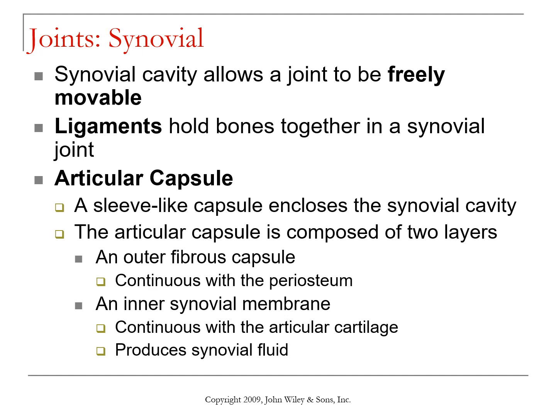We met the articular capsule, which is a sleeve-like capsule that encloses the synovial cavity. It is composed of two layers. We saw the more superficial fibrous capsule, which is dense connective tissue. It is continuous with the periosteum and defines the superficial lateral borders of the joint. Deep to the fibrous capsule, we have the inner synovial membrane, which forms the inner lateral borders of the joint cavity.